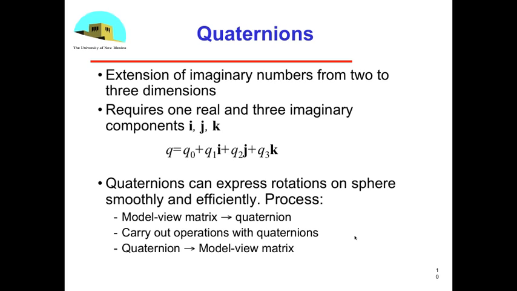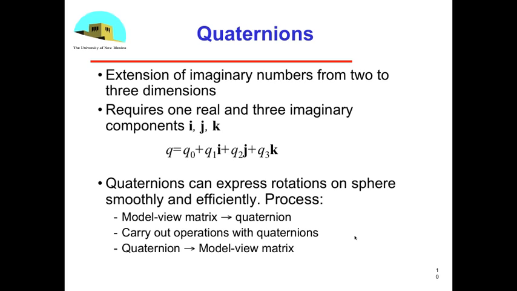But just to finish up this lecture, one way to look at a quaternion is as an extension of imaginary numbers from 2 to 3 dimensions, and it was a problem that concerned mathematicians for a long time, because when you go from 2-dimensional problems to 3-dimensional problems, if you talk about the extension of imaginary numbers, you need 3 imaginary components, not 2.